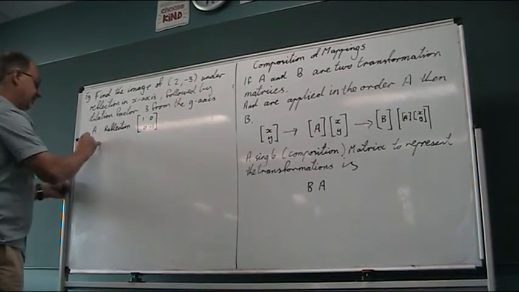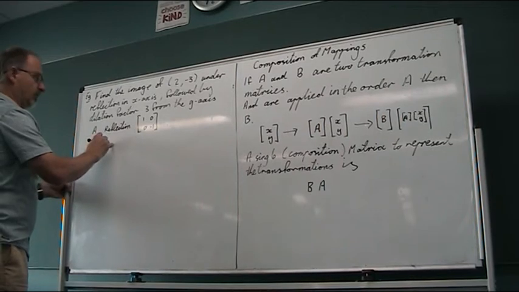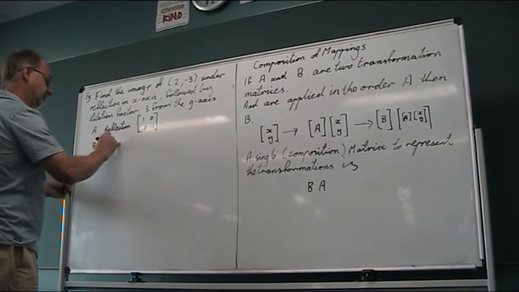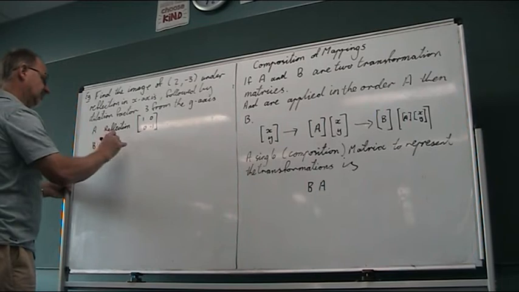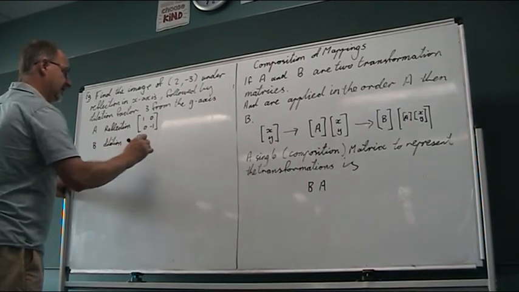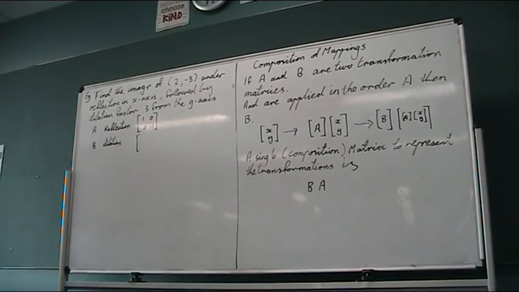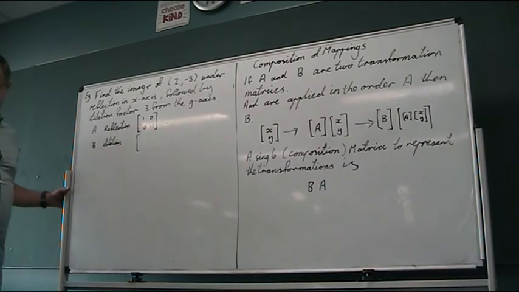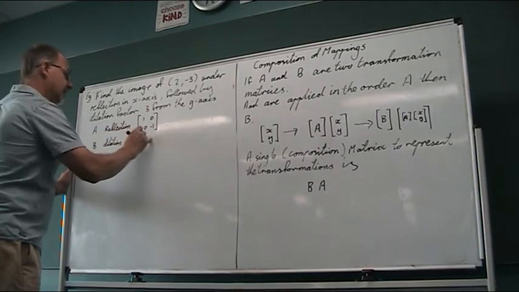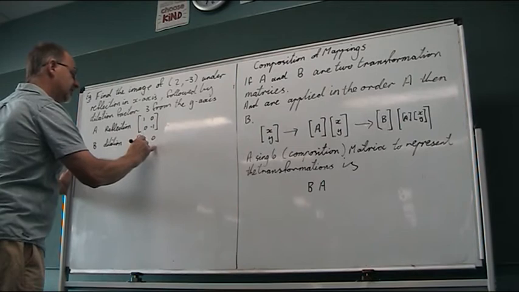And matrix B is our dilation. And that's from the y-axis, so we move away from the y-axis, that changes x. So that's 3, 0, 0, 1.